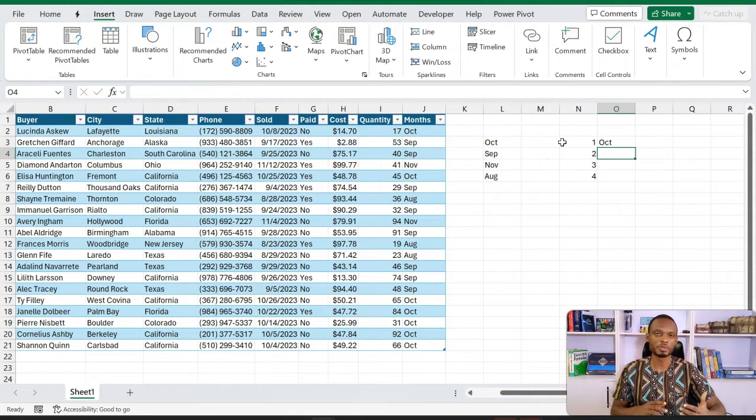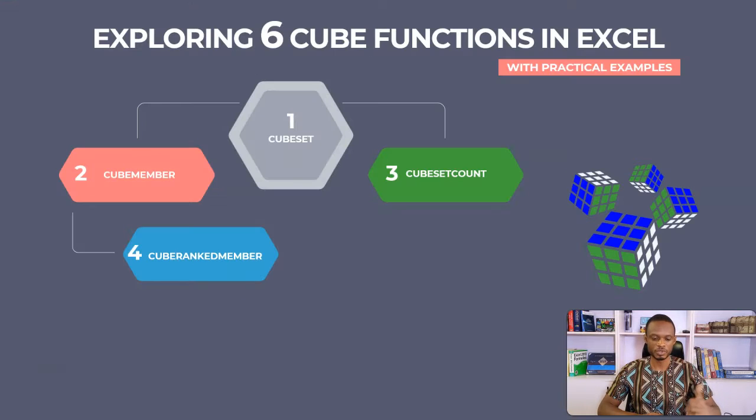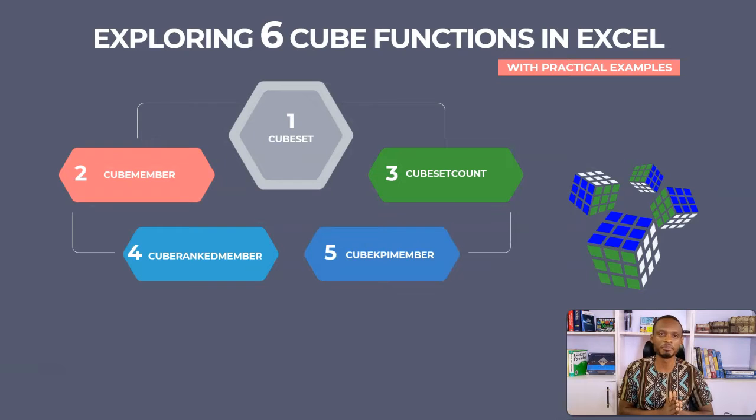It tells me it's October. CUBERANKEDMEMBER allows us to do something like this. It allows us to pull the members of a set based on their order or their layout or their ranking. This is particularly useful when you are using slicers, or you want to list the members of your set in a particular order. We'll learn how to do this very soon. So you now know CUBERANKEDMEMBER, and then the next one is CUBEKPIMEMBER.